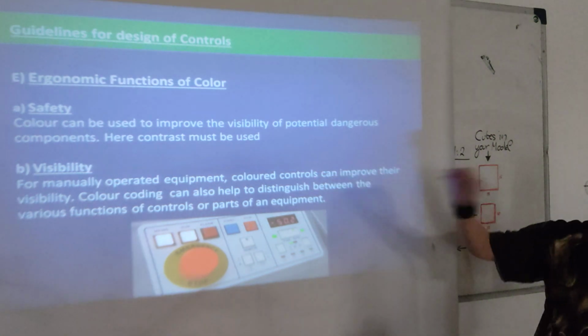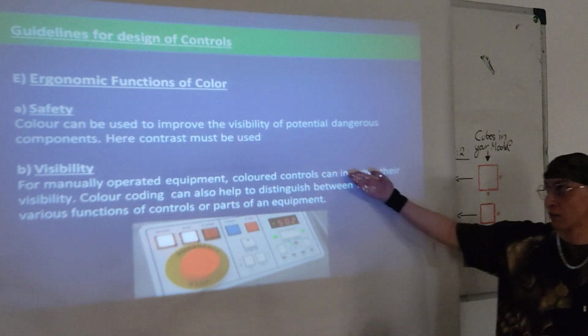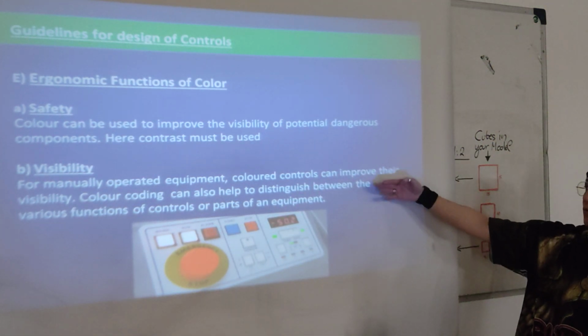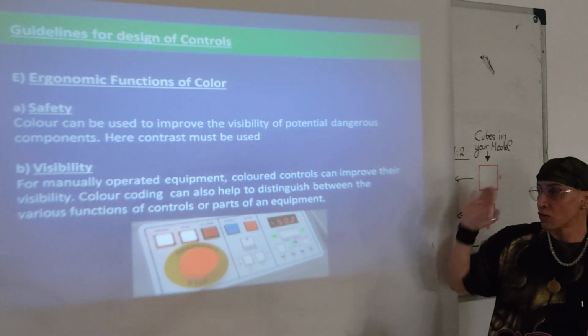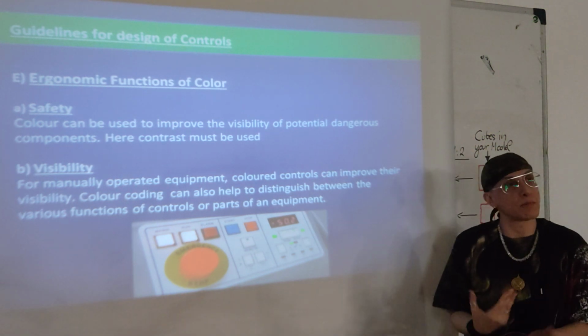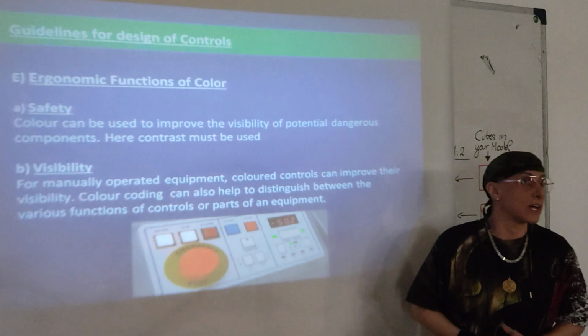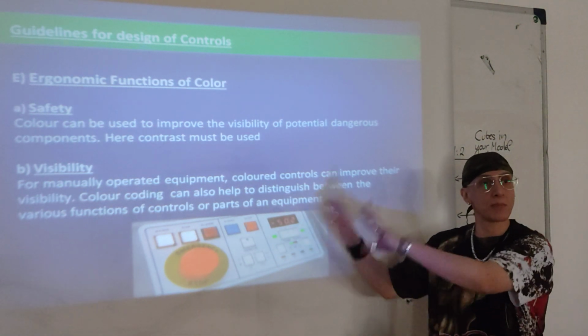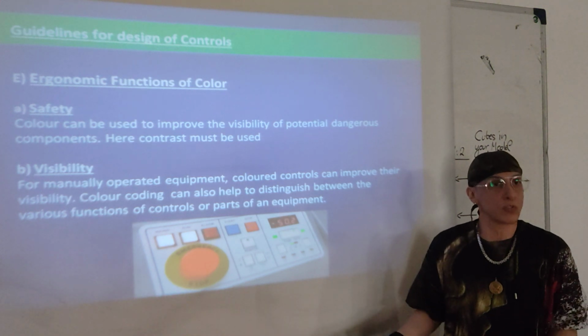The visibility. So for controls, the visibility can be improved, so you can distinguish between various functions. So if you see a red control, a green, a white, this should tell you something about the function. Now, if all these controls here were the same color, even if the shapes are different, even if the sizes are different, it will confuse the user.